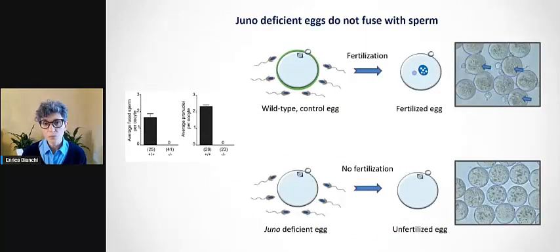And when we checked exactly the reason why the females were infertile, we could confirm that the absence of Juno on the egg membrane induces the inability of the oocyte to be fertilized by sperm. We could never detect any fusion, and we could never detect any pronuclear stage embryo when we did IVF assays with Juno knockout eggs.